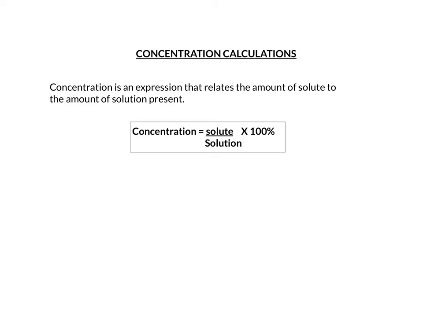Percent volume per volume, where we have milliliters over milliliters. This is volume for volume times 100%. So these are the units.